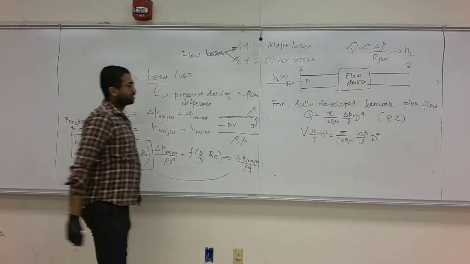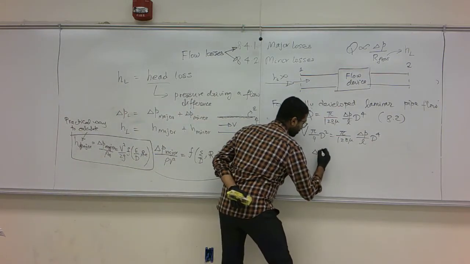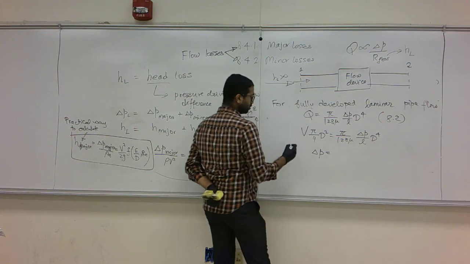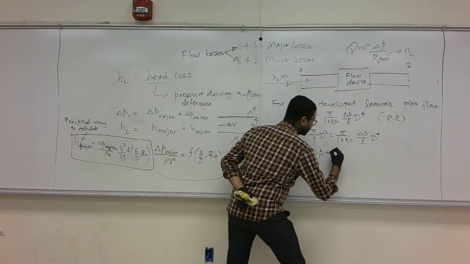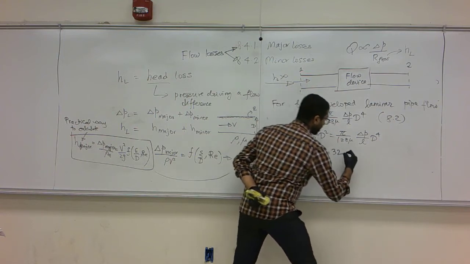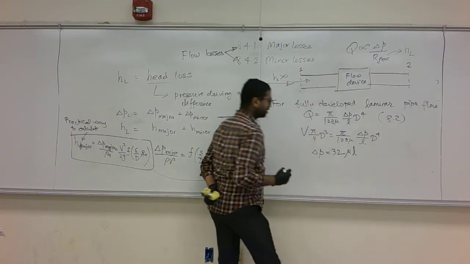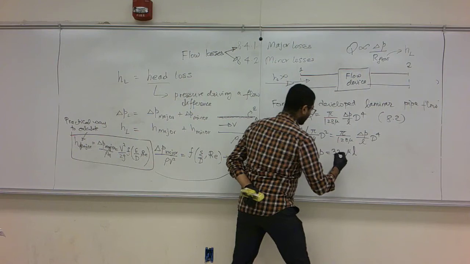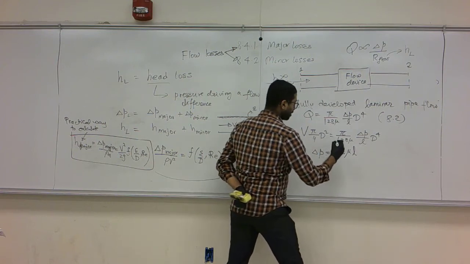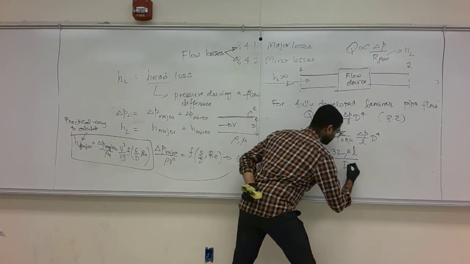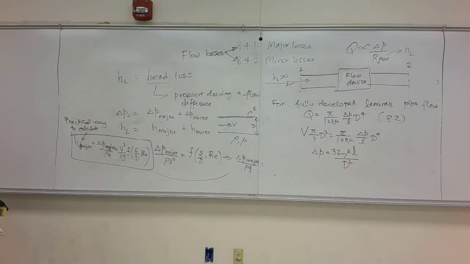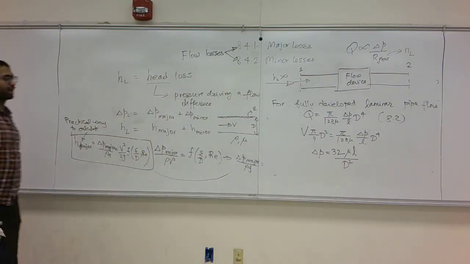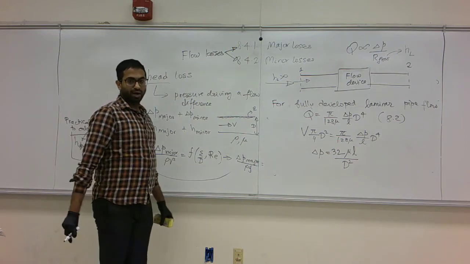So if I rewrite this, I can write delta P is equal to 32 times mu times L divided by d squared.